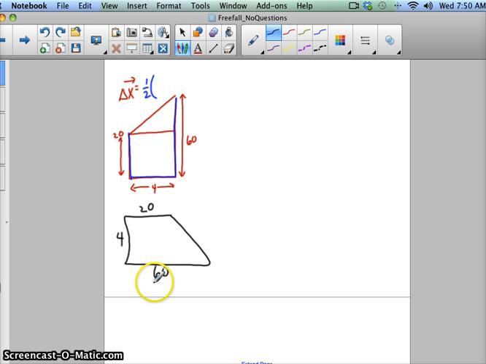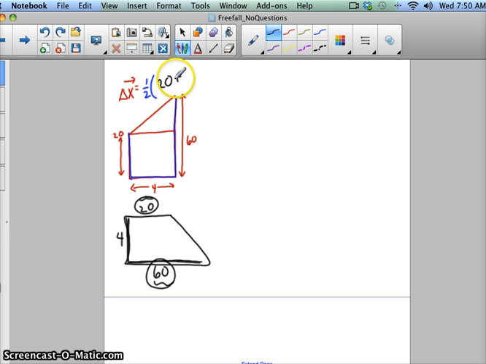So we're just averaging this number and this number. After all, if this was a rectangle, we would just do this amount times the width, whatever the width is. But since there's two different widths, two different bases, we just average the 20 and the 60 and multiply by 4. So let's finish that.